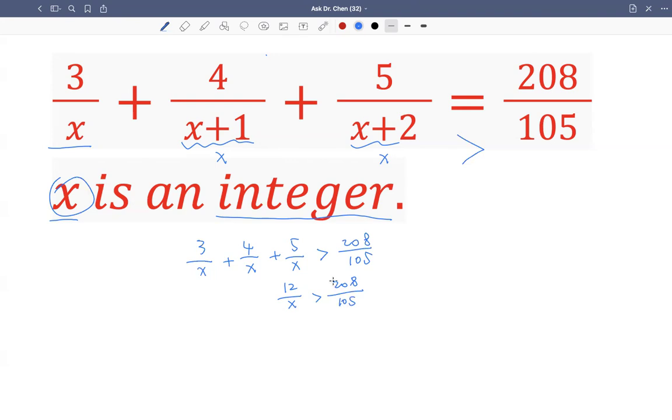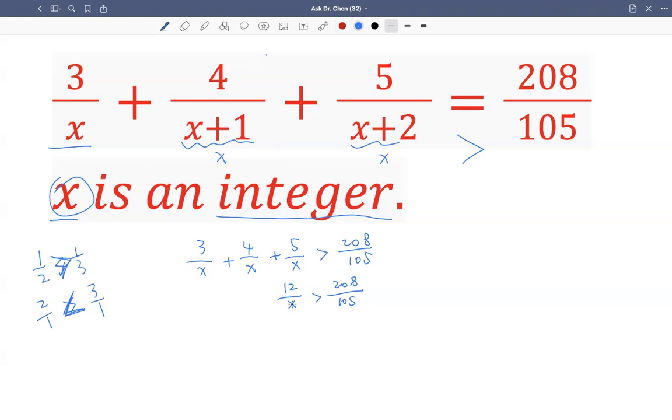I flip over, right? When we flip over, we have to flip the sign. Like 1/2 is greater than 1/3, then when flipped, this has to be smaller: 2 over 1 is less than 3 over 1.